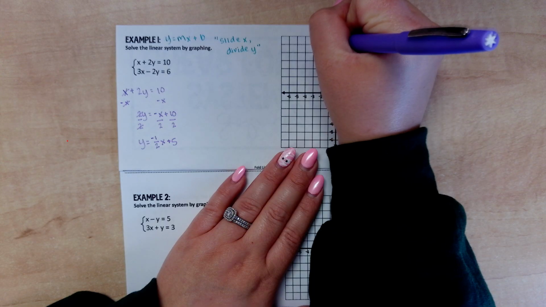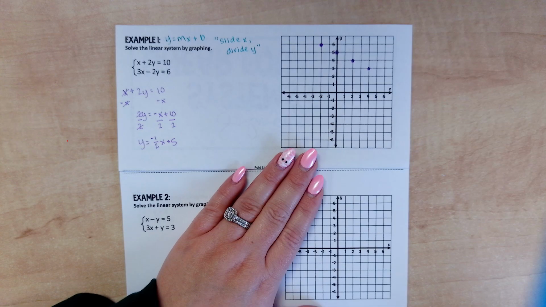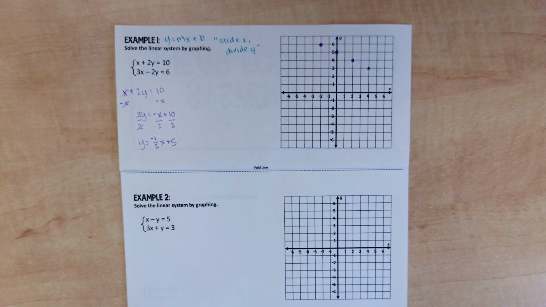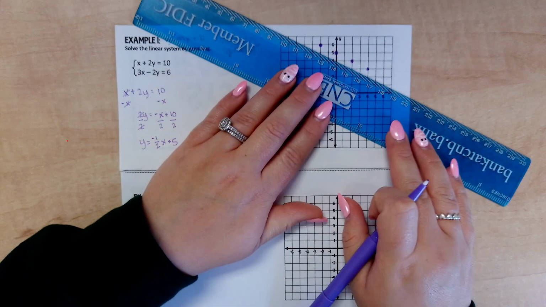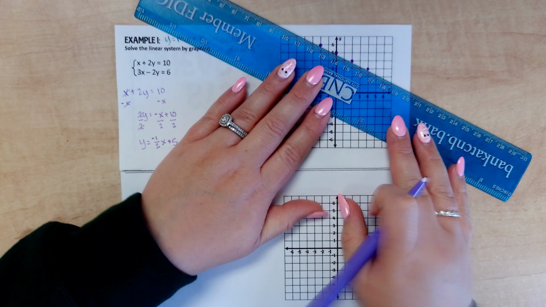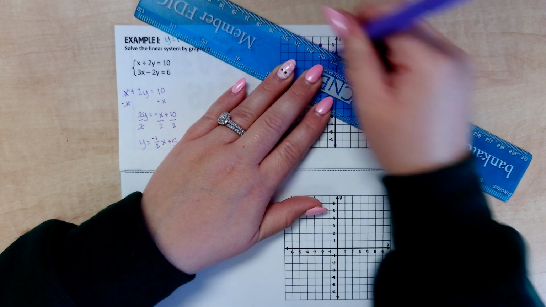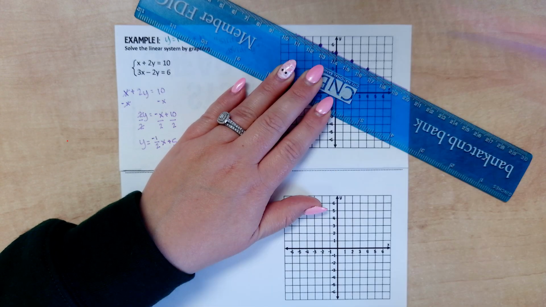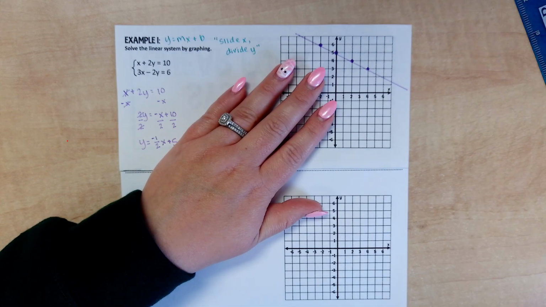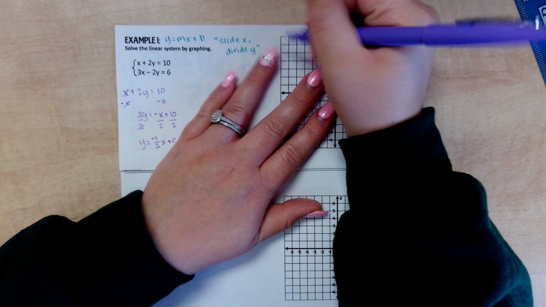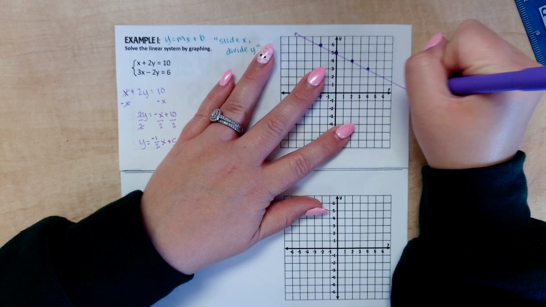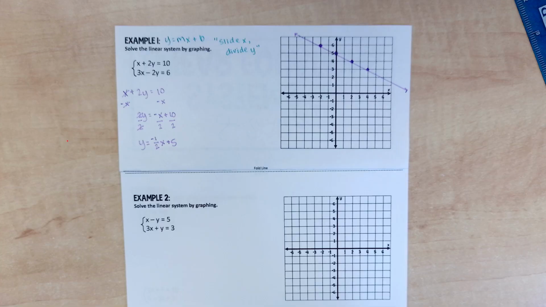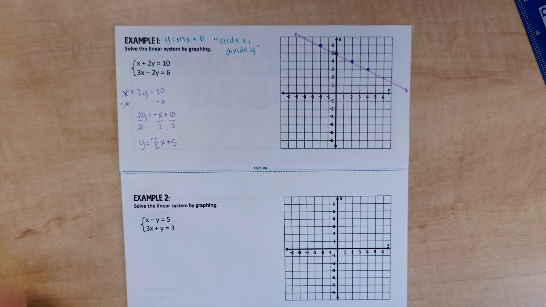Just so that way if you go that direction, you don't feel like you necessarily did it wrong, just understanding that you have to go backwards. So now I'm going to connect these lines just like that. There we go. And then we are going to do the same thing to the other side.